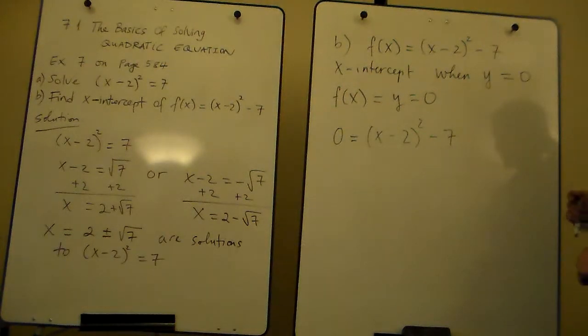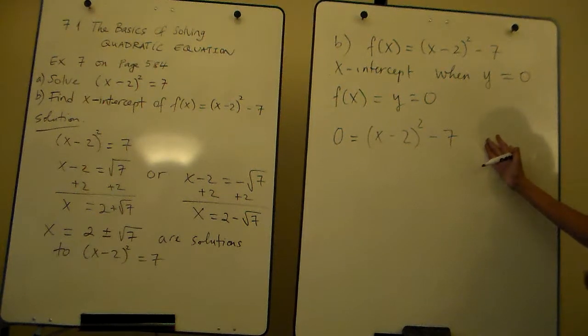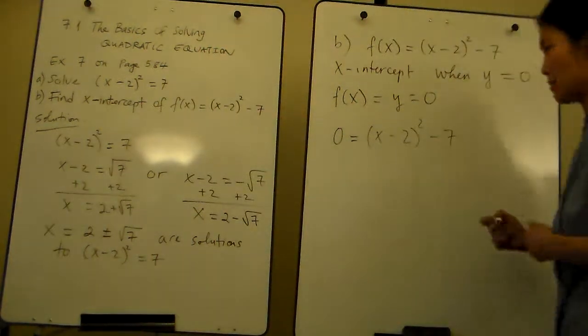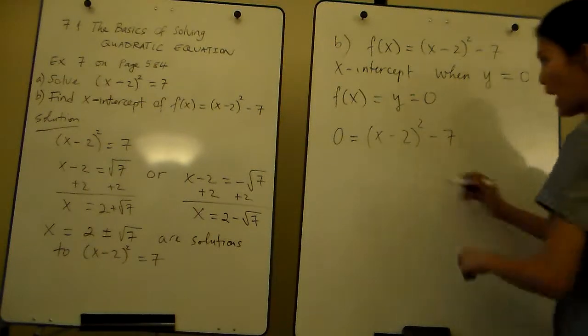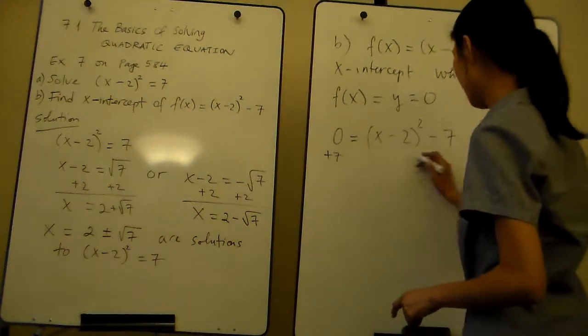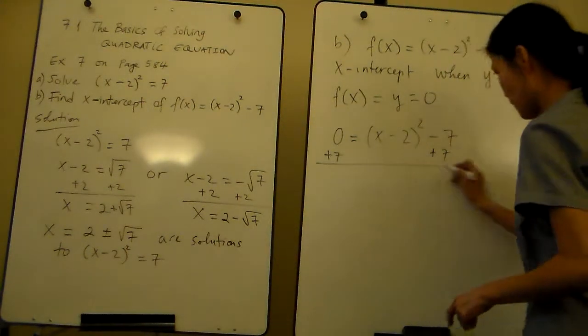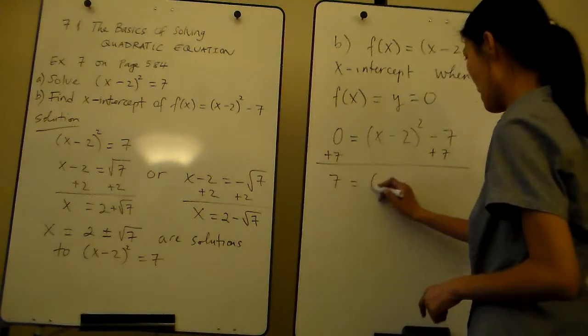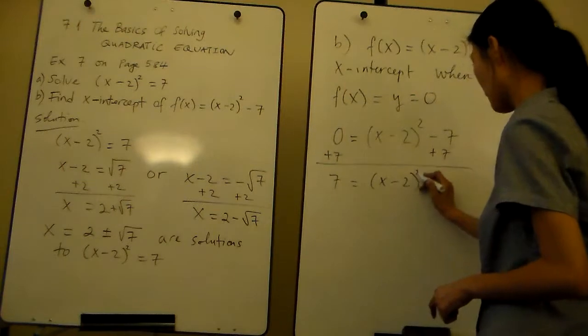Okay? And then it turns out if you carefully examine this equation, you will see that basically this equation is the equation given in part A. Because if you're adding 7 on both sides, the left hand side, 0 plus 7 is 7, equal to (x - 2)^2.